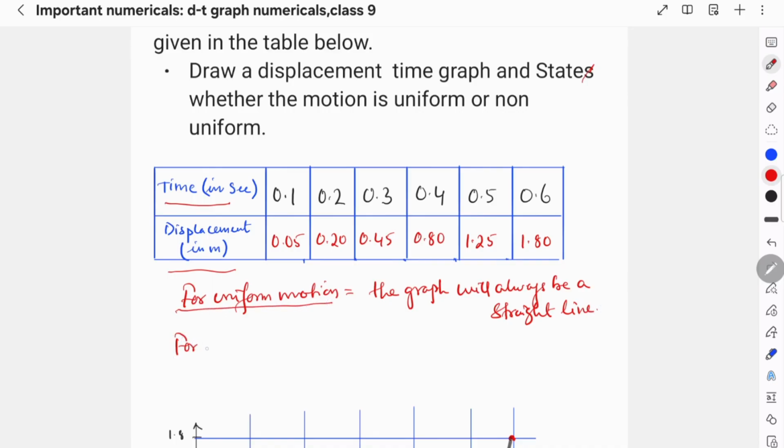And for non-uniform motion, the graph will be a curved line or not a straight line.